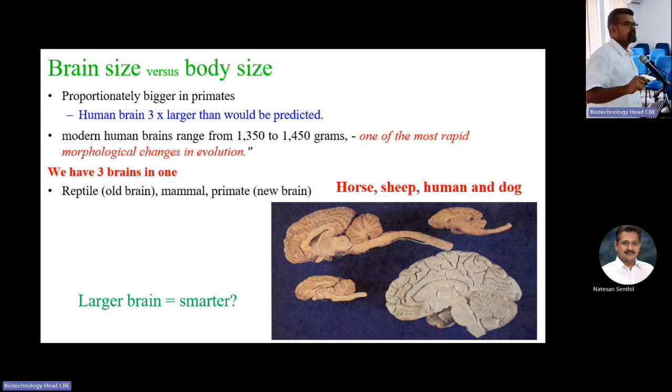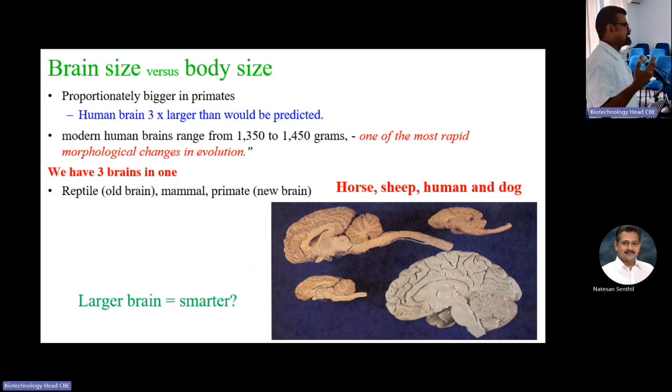So further, they studied the brain size and the body size. They found that the horse, sheep, human, and the dog brains, right? They compared them, and they found the human brain to be larger in size. It is proportionately bigger in primates.